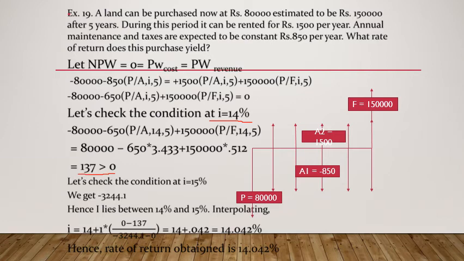Okay, I will go further. At i equal to 15%, I end up with a negative value, which means i lies between 14 and 15. This is what I need to follow. First I calculate at one rate and check whether it is equal to 0 or not. If it is not equal to 0, I calculate the same thing at some other rate of interest.